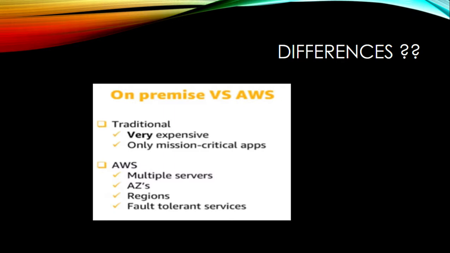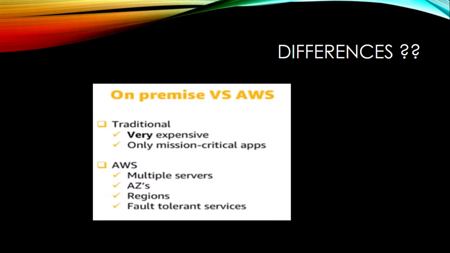However, on the AWS Cloud, you have the option to expand availability and recoverability amongst whatever servers you choose. So you can ensure high availability on multiple servers, multiple availability zones, and also you have the fault tolerant services to use as you please.